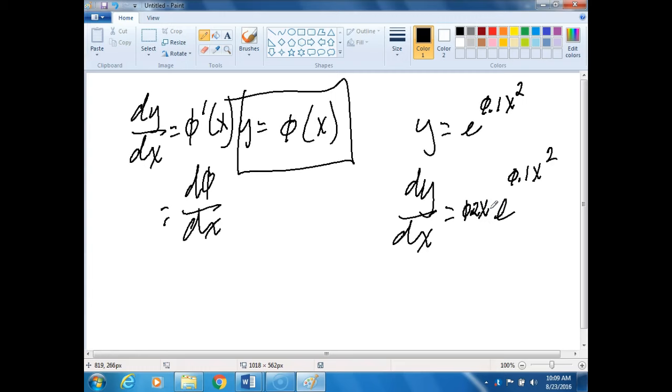Okay. So this is, believe it or not, a differential equation. dy/dx is equal to 0.2x e to the 0.1 x squared. Okay?